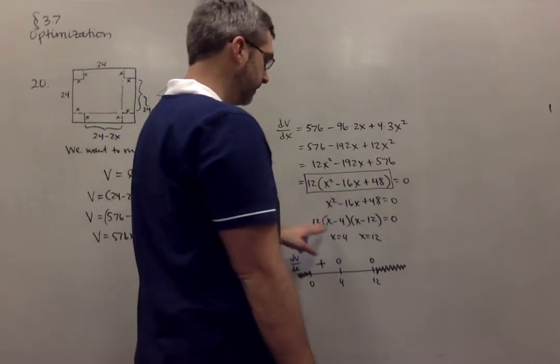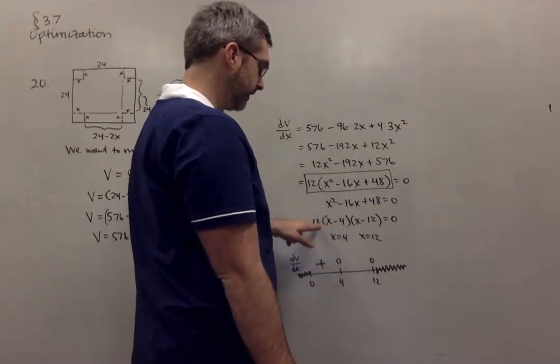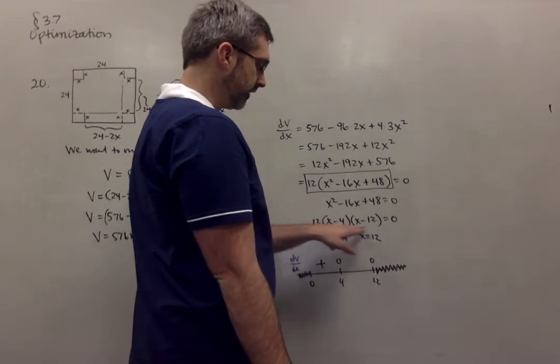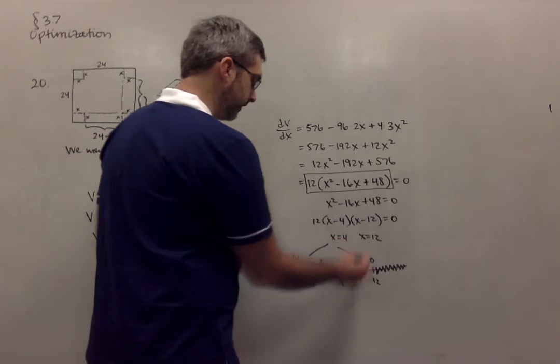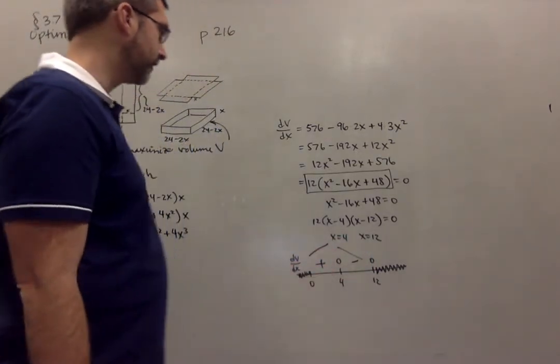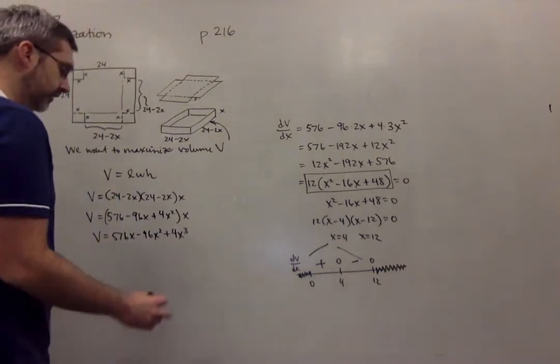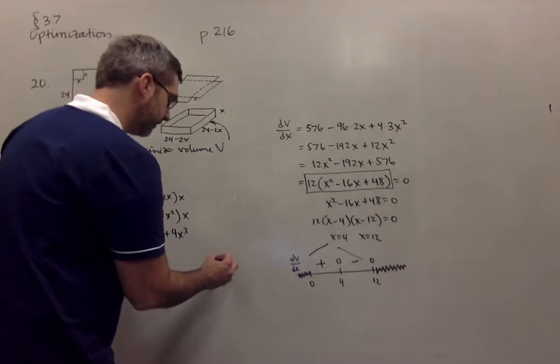And then if I plug in something bigger than 4 but smaller than 12, like 8, I get a positive number here and a negative number here, so we're actually going to get a negative derivative there. So in fact, we did find the maximum volume. The maximum volume is when x turns out to be 4. So x equals 4 gives me that maximum volume.